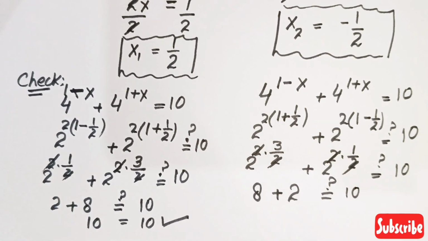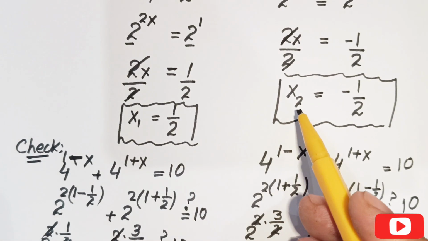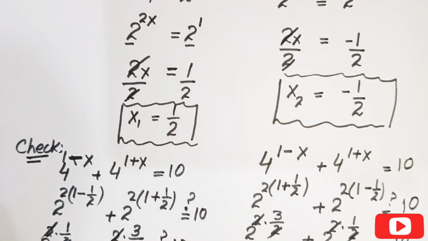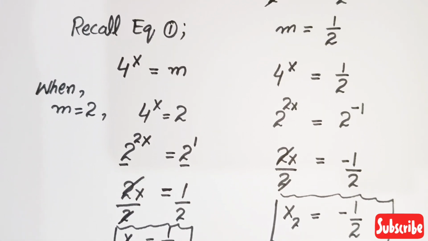Is it equal to 10? So 8 plus 2 is equal to 10, and 10 is equal to 10. So our left hand side is equal to right hand side. So we have just proved that our values of x1 and x2 are true for this problem. So our final answer is 1 over 2 and minus 1 over 2.